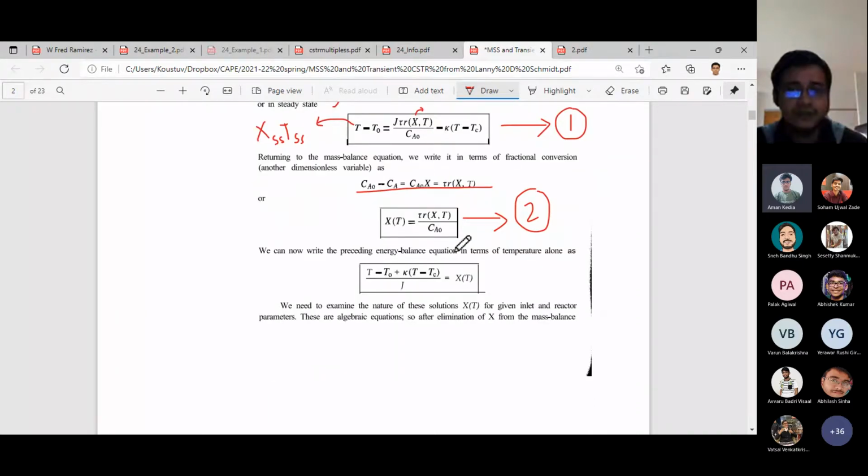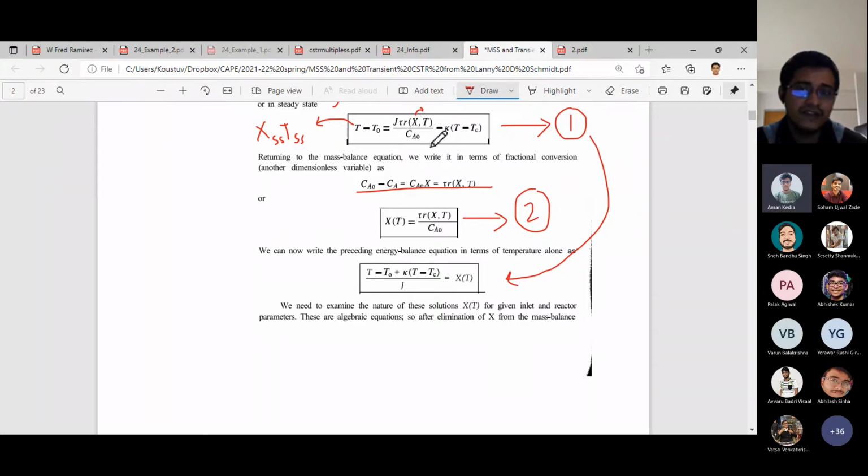So what we have carried out now, using the two equations, is that we again take the first equation and substitute the rate term, R of X and temperature, in terms of conversion.